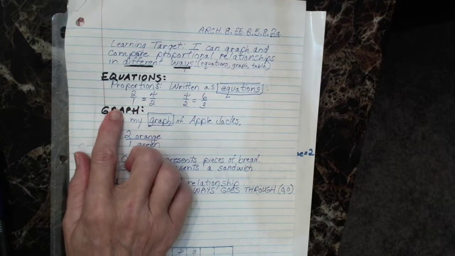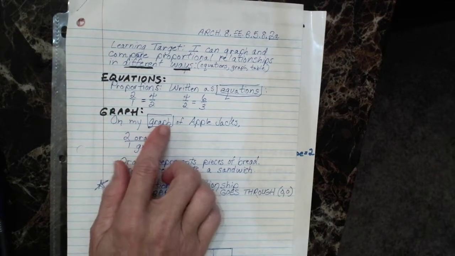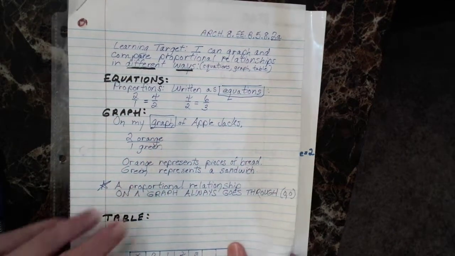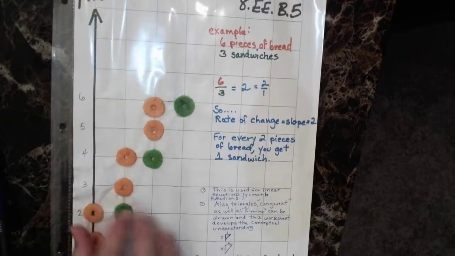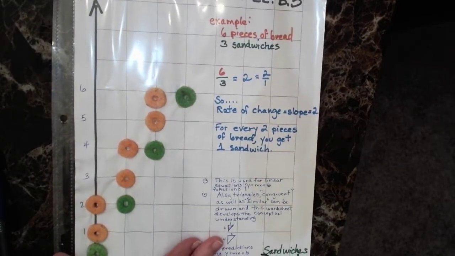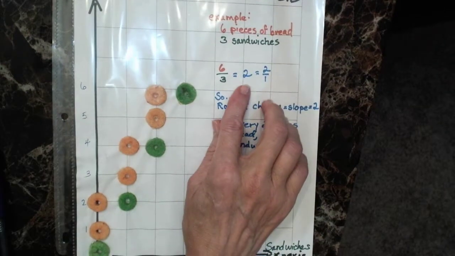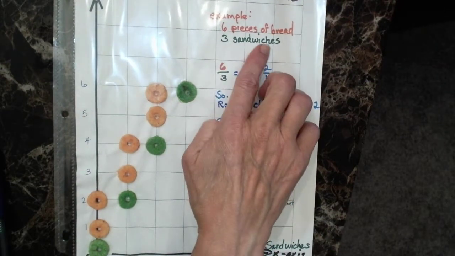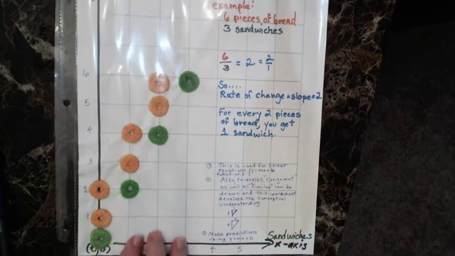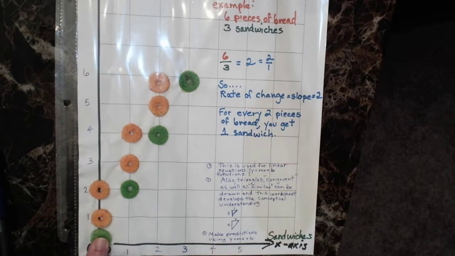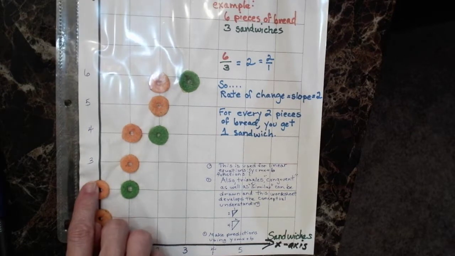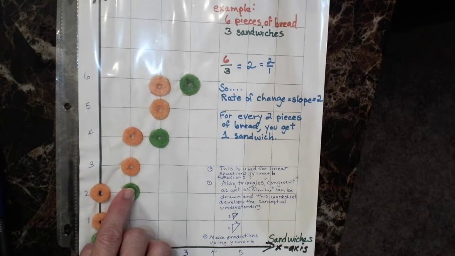Now, as a graph, on my graph of Apple Jacks, let's look at this. So you can see that we're making 3 sandwiches. This is 0, 0, so that's not a sandwich, that's just our starting point, also called our origin. 2 pieces of bread makes 1 sandwich.